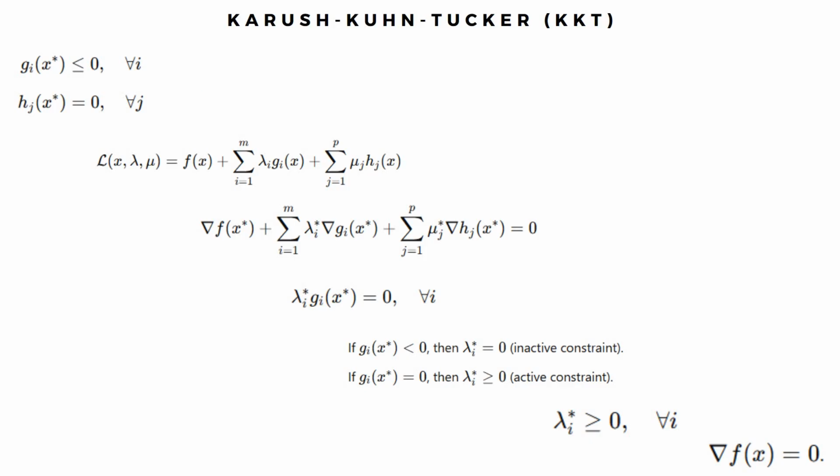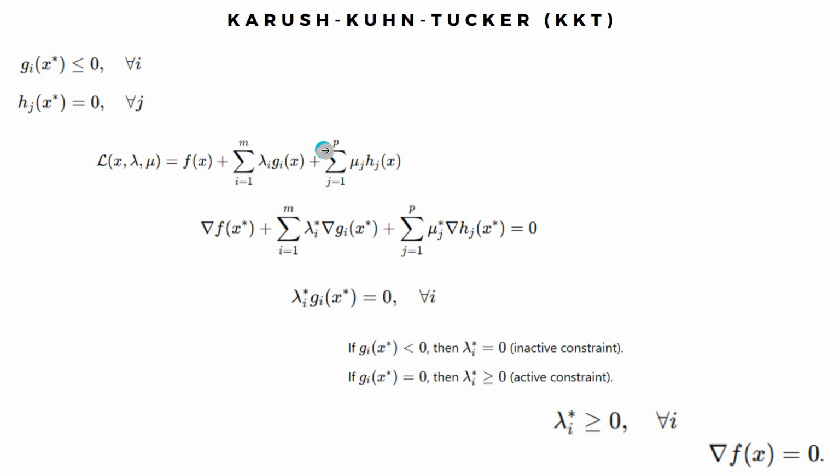In mathematical terms, it is written like that: g sub i of x star is less than or equal to 0 for all i, and h sub j of x star equals 0 for all j. These conditions ensure that the point x star lies within the feasible region defined by the constraints.